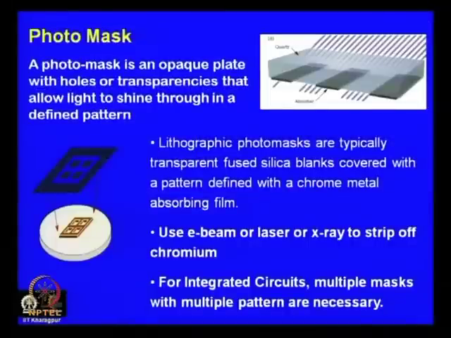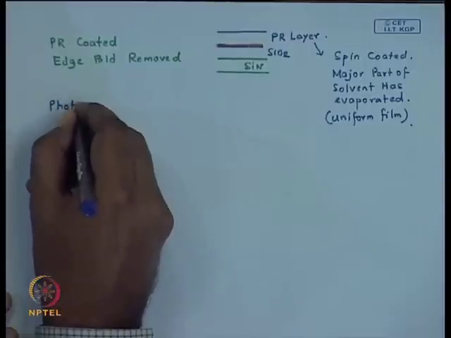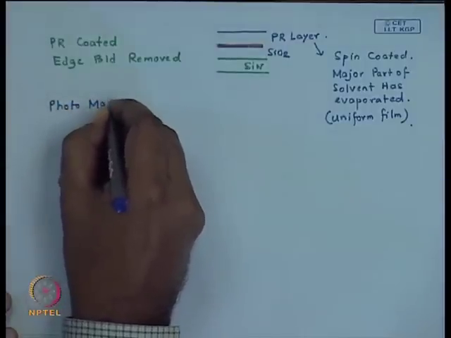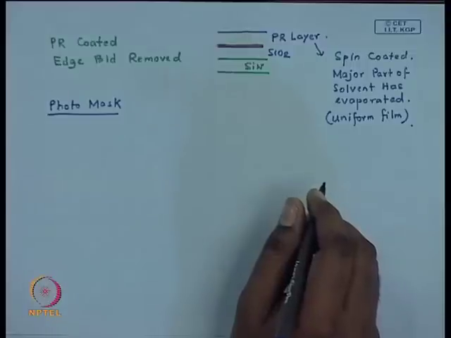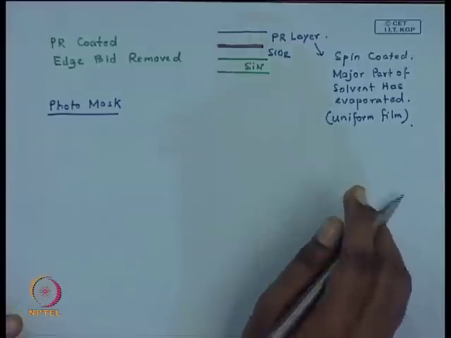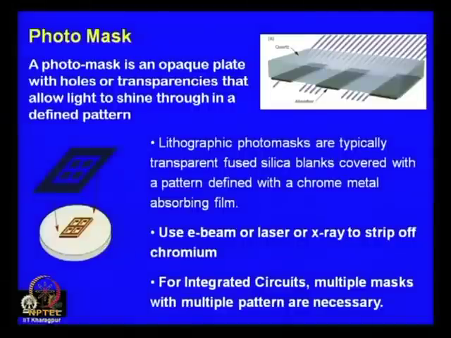Now it brings us back to a slightly detailed discussion, the stage is now right for a slightly detailed discussion of what a mask, or a photo mask as it is ideally called, is. Essentially, a photo mask is an opaque plate with holes or transparencies that allow light to shine through in a defined pattern.